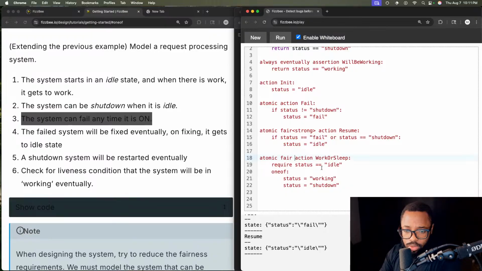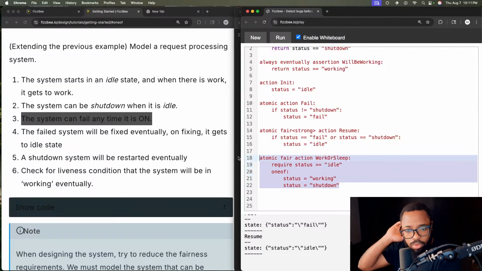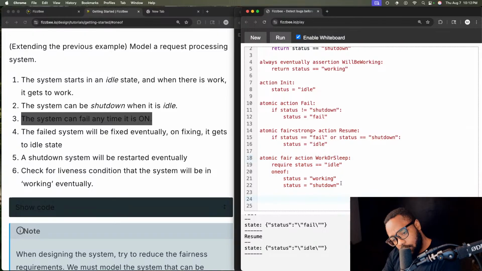Wait, but I thought this would... I mean, if you go to idle and you stay enabled, this stays enabled, eventually, aren't you gonna just get to one of these?